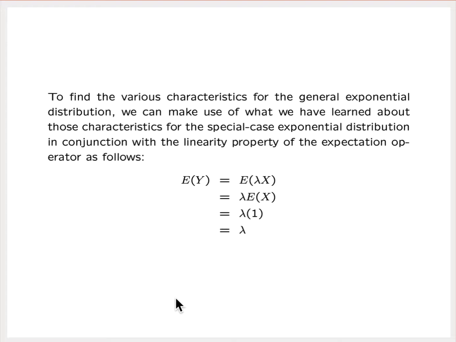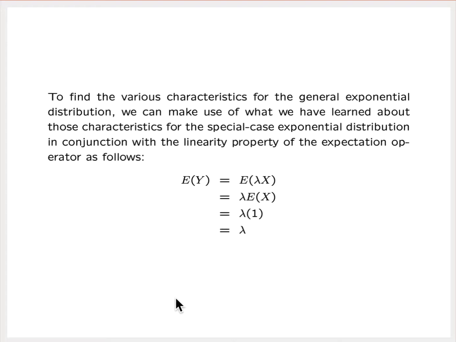We could, but we don't need to, because there's a relationship between the distributional characteristics of x and the distributional characteristics of y.